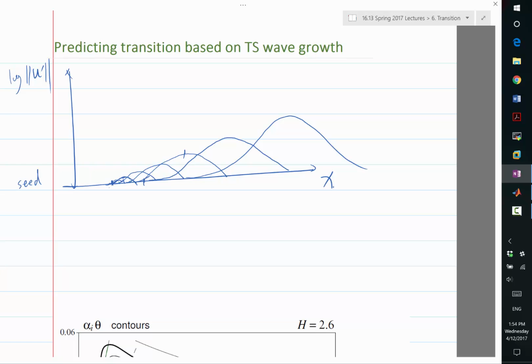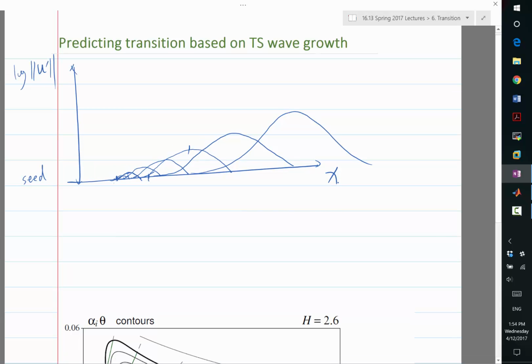So if you think of superimposing all of these different frequencies and draw the maximum amplitude of all these frequencies, you can draw an envelope that envelopes all of these growing and then decaying curves. Each point on the envelope corresponds to a different frequency.